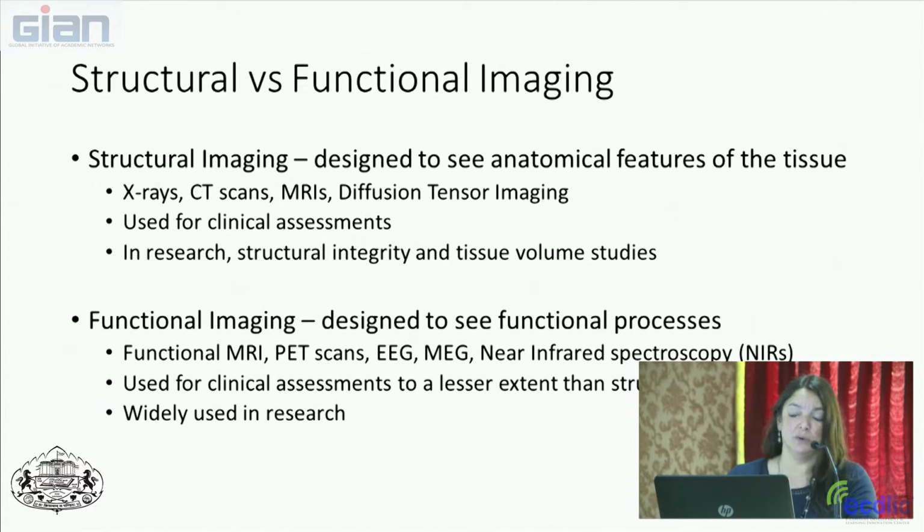These are used for clinical assessments to a lesser extent than structural. So these are really new methods, a lot of them. The ones that have been around longer, such as EEG, are often used for clinical diagnoses of epilepsy, and we'll talk a little bit more about that. But functional methods are more widely used in research than the structural techniques are.